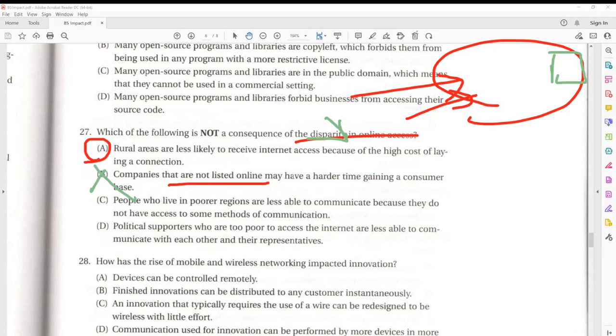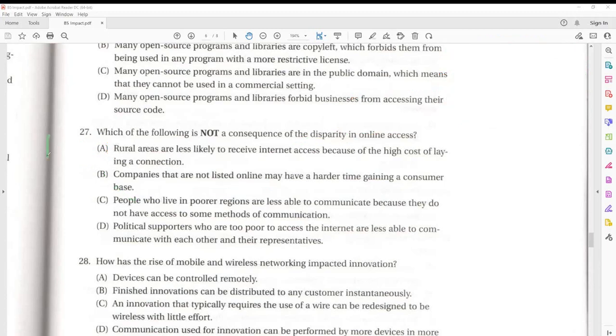It has nothing to do with the digital divide. Actually, the book says A, but I say it is B. B is not a consequence of the digital divide, but A is. Any questions?